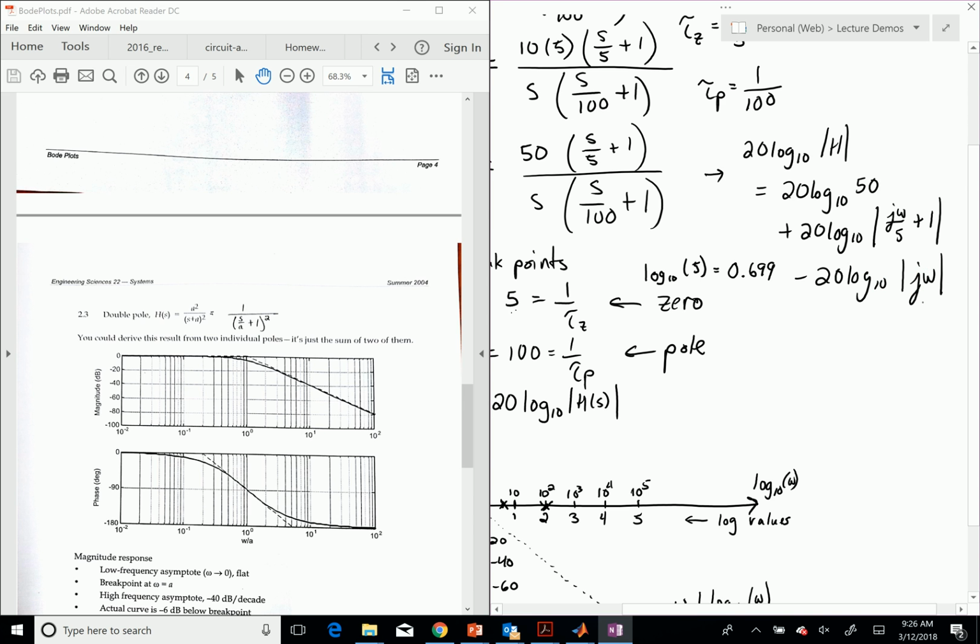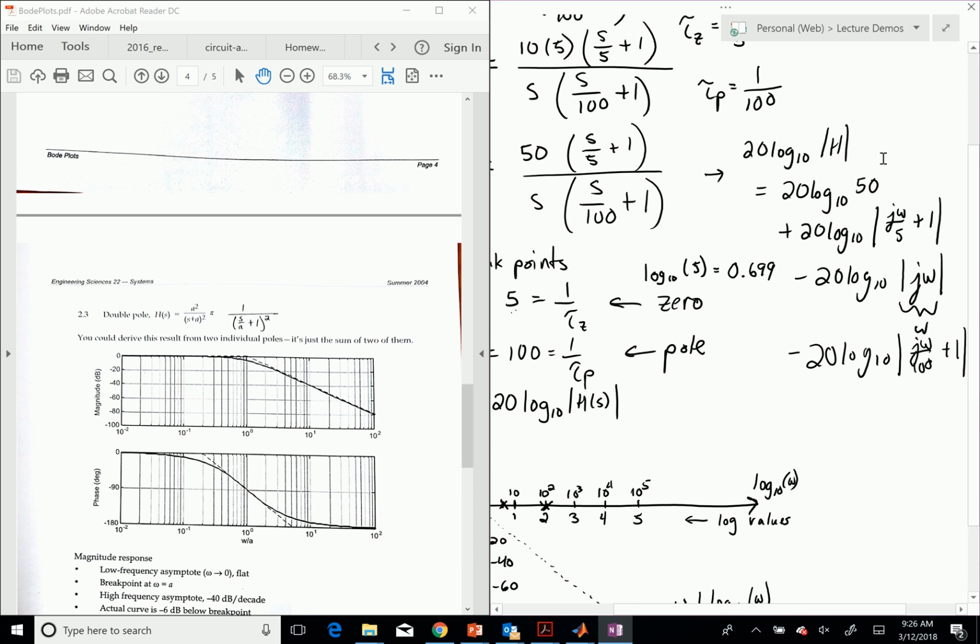You should recognize that this is just omega. Minus 20 log 10 of the magnitude of j omega over 100 plus 1.